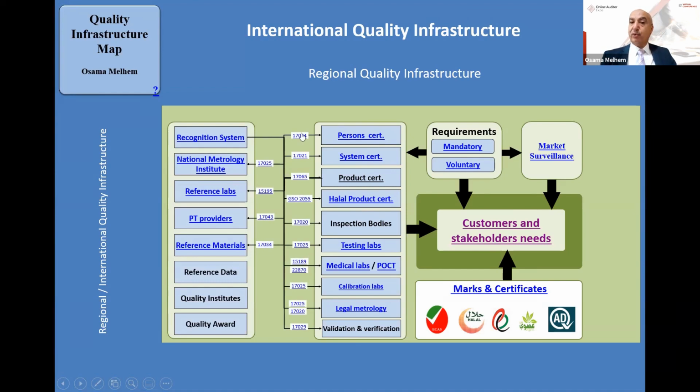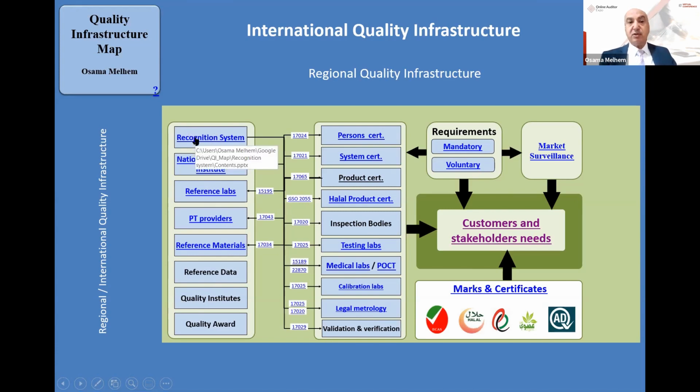They need support from another level, which is also another type of conformity assessment body, but they provide their services not directly to the market. They provide their services to the conformity assessment bodies. This is the front line of the conformity assessment bodies, and this is the back line of the conformity assessment bodies, except the recognition system, of course.